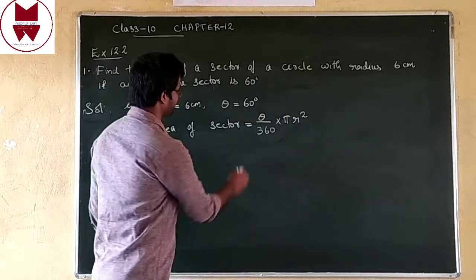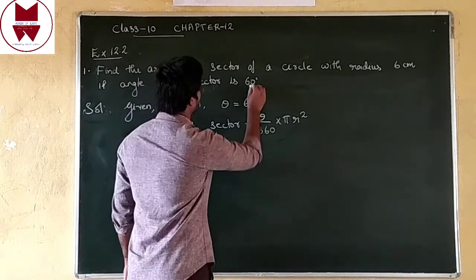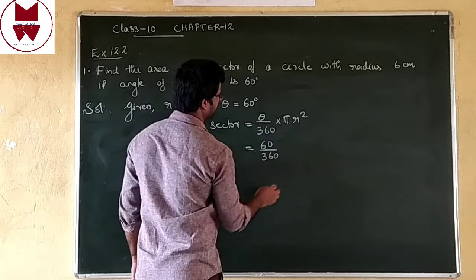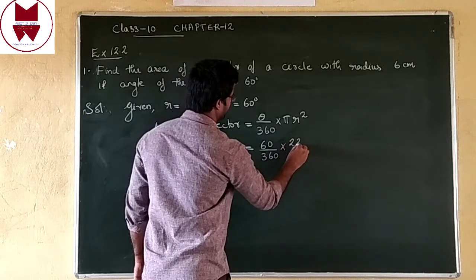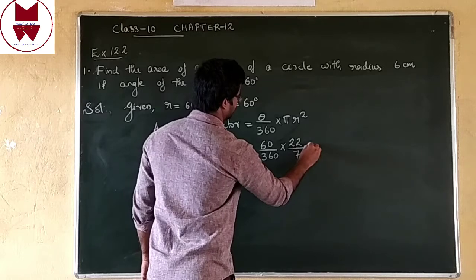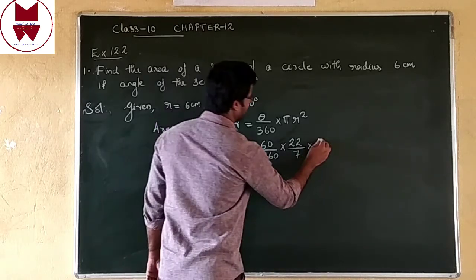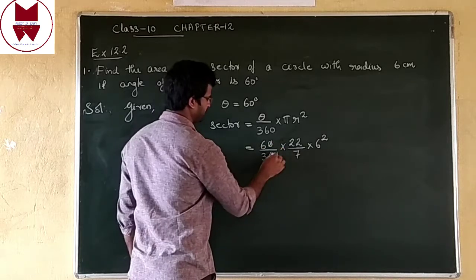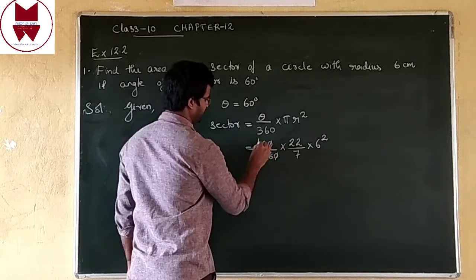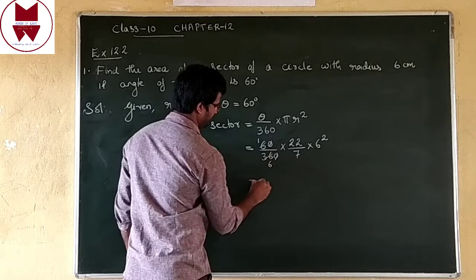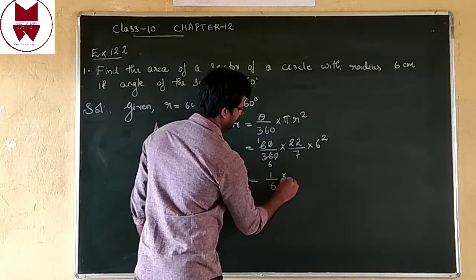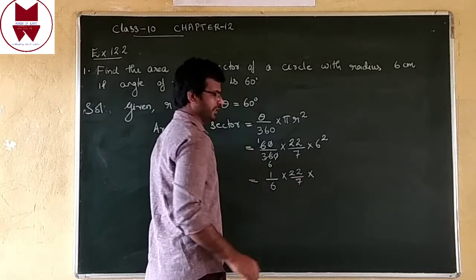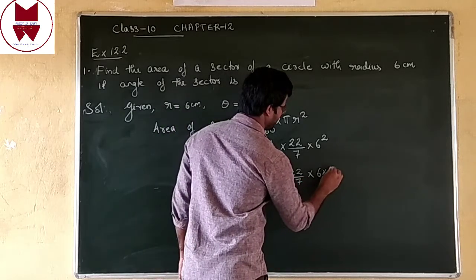Then theta means here 60 degree divided by 360 into pi means 22 by 7 into r, 6. 0 and 0 cancel. Then 36 and 6, one time here, 6 times. We can write 1 by 6 into 22 by 7 into 6 square. 6 square we can write 6 into 6.